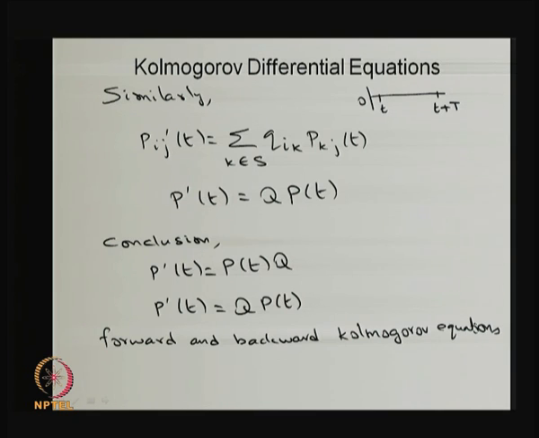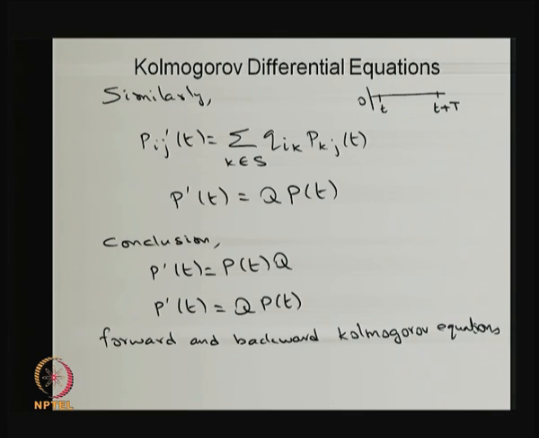If you solve the equation with the initial condition, because it is a differential equation, you need an initial condition: what is the transition probability of the system moving from i to j at time 0. By supplying that and solving this equation, you will get the p i j of t.